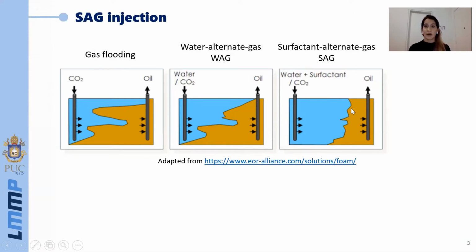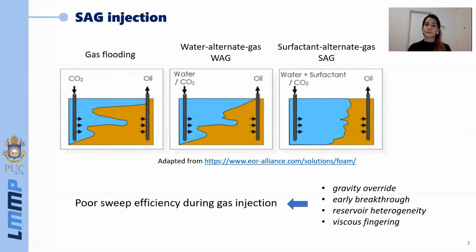Also, the success of foam as an injection fluid highly depends on the foam generation and stability of the lamellae. Foam also provides a solution to the adverse effects of gravity override, early breakthrough, reservoir heterogeneity, and viscous fingering on the efficiency of the gas injection.